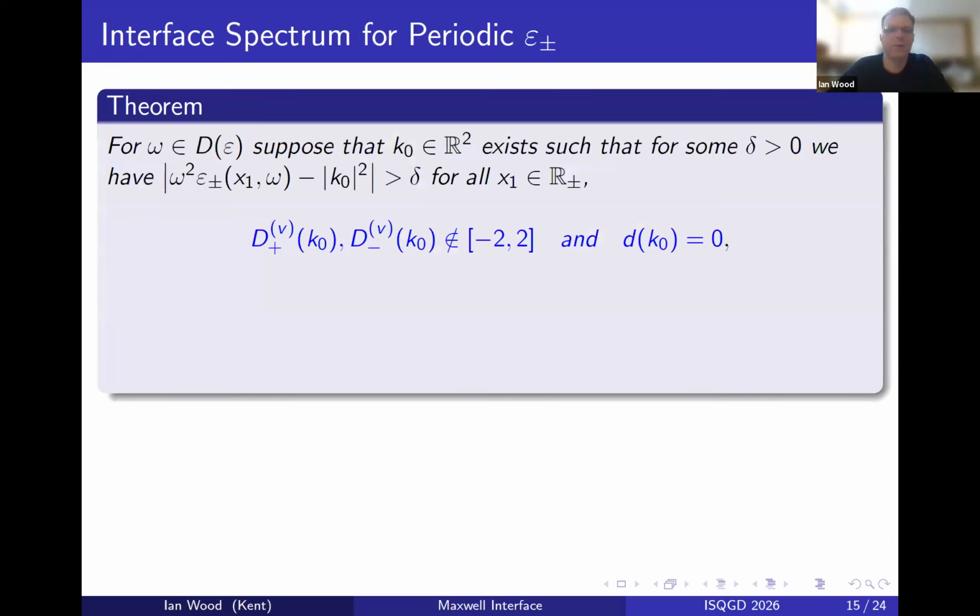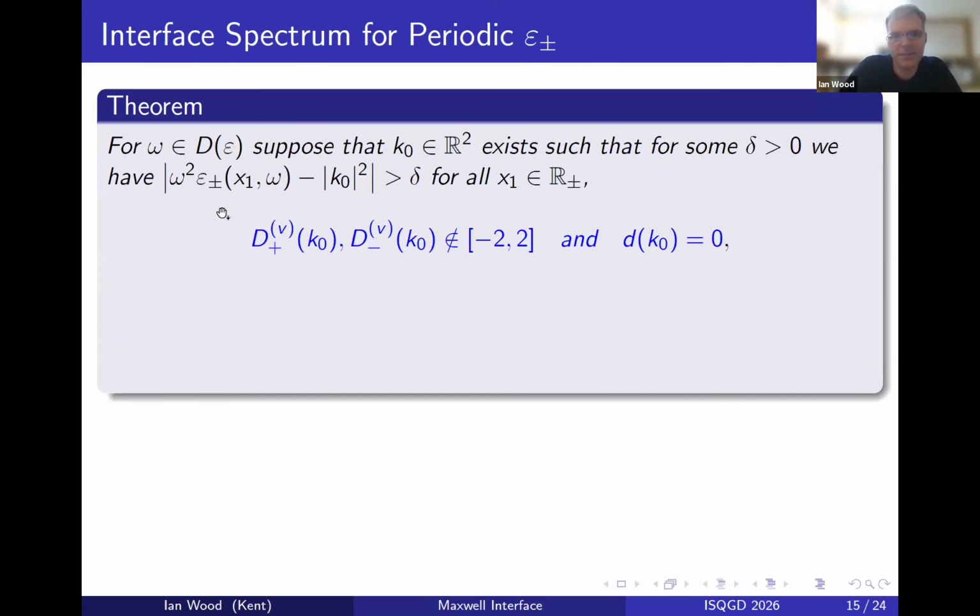So what about spectrum? We've got different types of spectrum. The first type of spectrum is essentially going to come from the case when the Wronskian vanishes. I now just need one K0 in the plane where both of the discriminants are outside of [-2,2]. So we've got decaying solutions in each half plane, and the determinant vanishes so we can match them up at the interface.